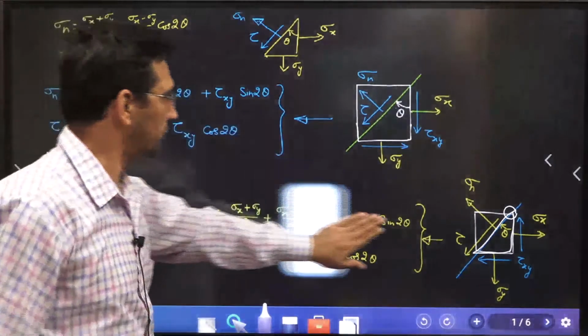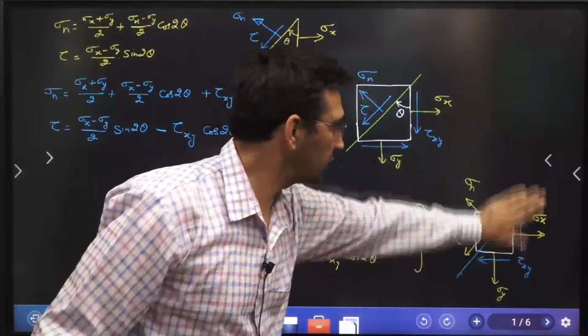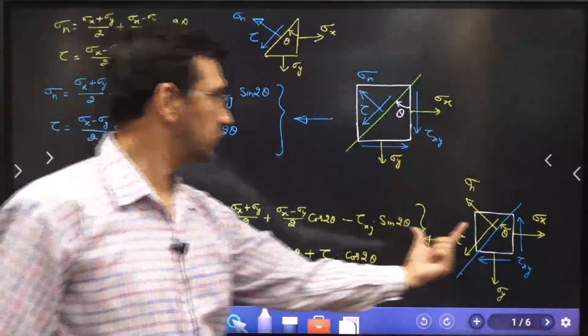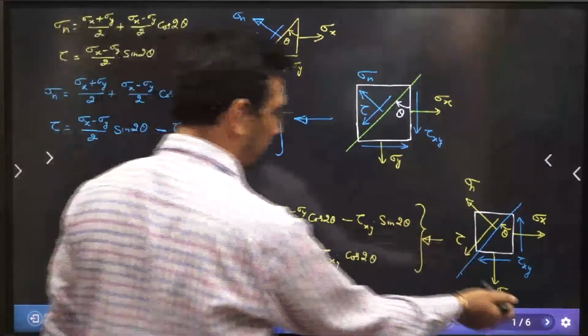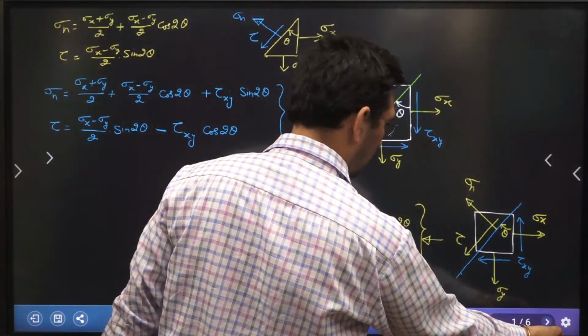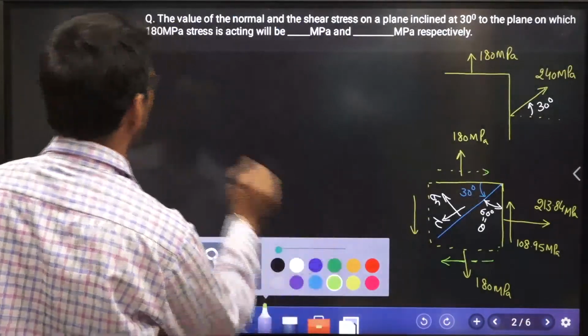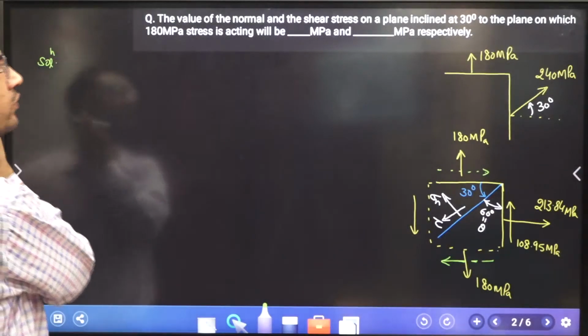So it means I will make use of this particular equation and my job is done, because I have just converted the whole thing in my own way so that it resembles this. So now you can just write it cos 2 theta and this. Now I can write what I need to find out. He has given you the value of normal and shear stress.